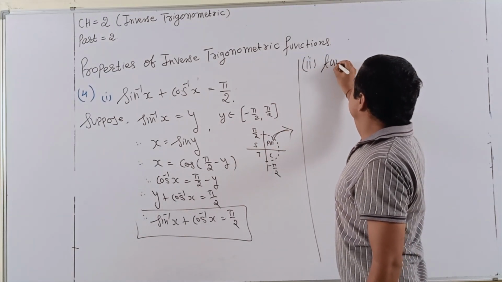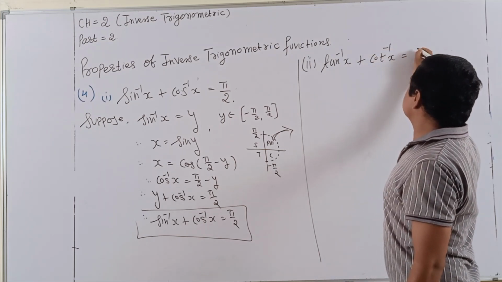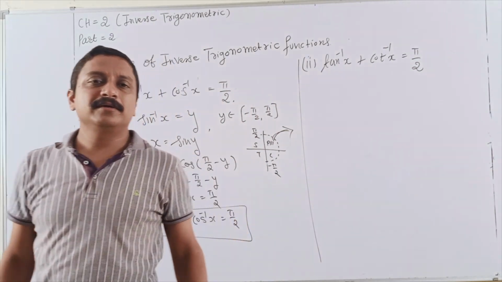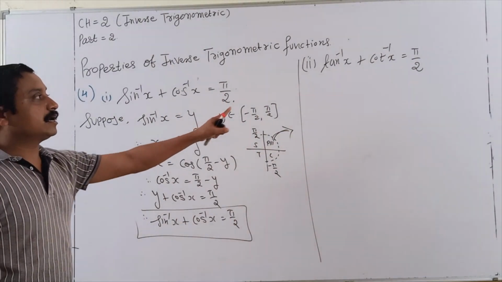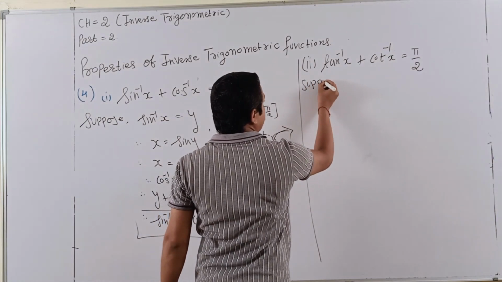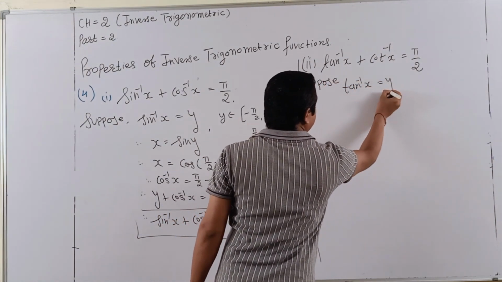Tan inverse x plus cot inverse x is also pi by 2. Students, same proof as the first one, and these are the same suggestions. Suppose tan inverse x is equal to y.